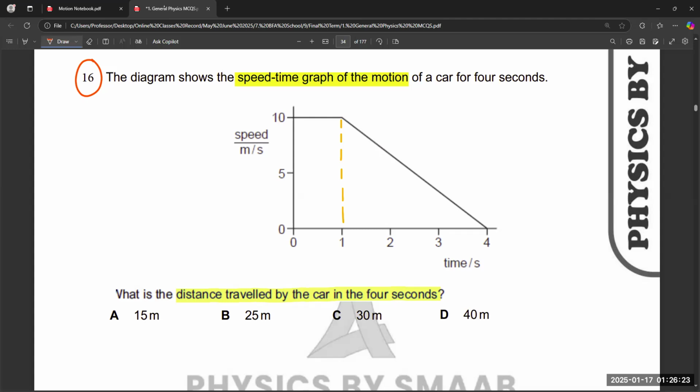for example, if someone solves with the help of two shapes, the first shape is a rectangle, like 1 into 10, and the second shape is a right angle triangle, 1/2.